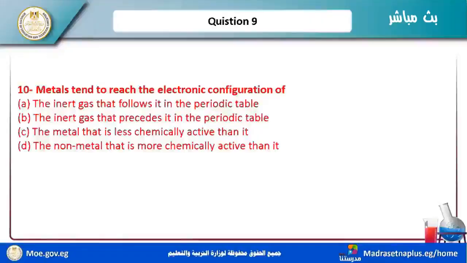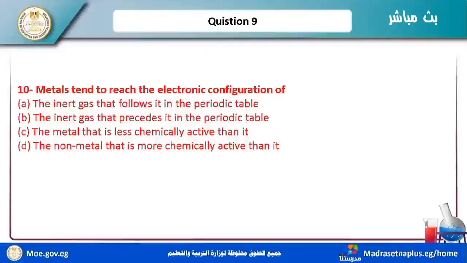Instantaneous. Okay, now a metal tends to reach the electronic configuration of: A, the inert gas that follows it in the periodic table; B, the inert gas that precedes it in the periodic table; C, the metal that is less chemically active than it; D, the non-metal that is more chemically active than it.